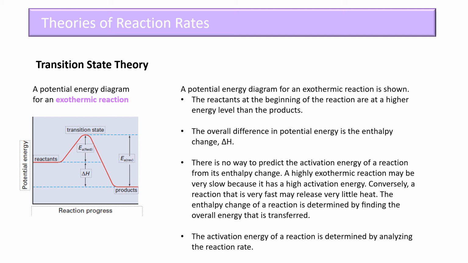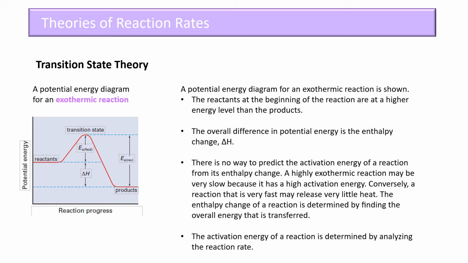The overall difference in potential energy is the enthalpy change, delta H. There is no way to predict the activation energy of a reaction from an enthalpy change. A highly exothermic reaction may be very slow because it has a high activation energy.